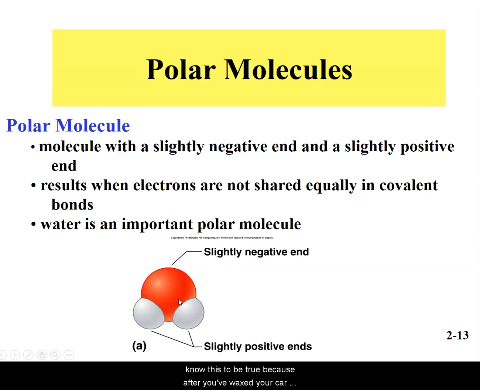Now we know this to be true because after you've waxed your car and it rains, if 2 raindrops get very close, it almost seems like a magnet where they join to form a larger drop. It causes some cohesiveness in the water on the surface of a small container, so that if you had a small cup of water, you could float a needle on top of it.